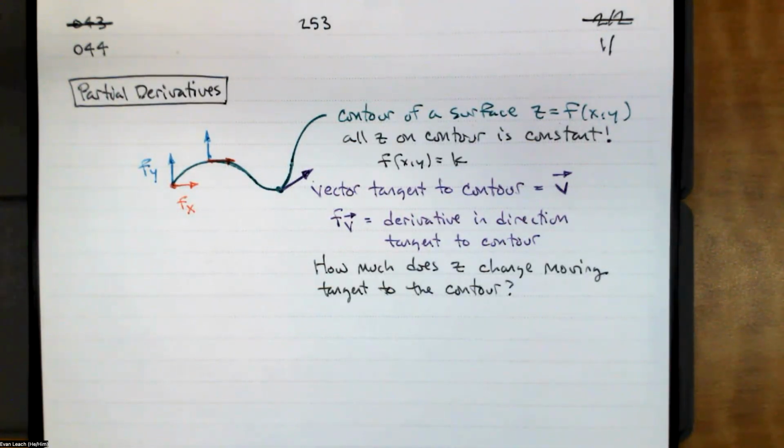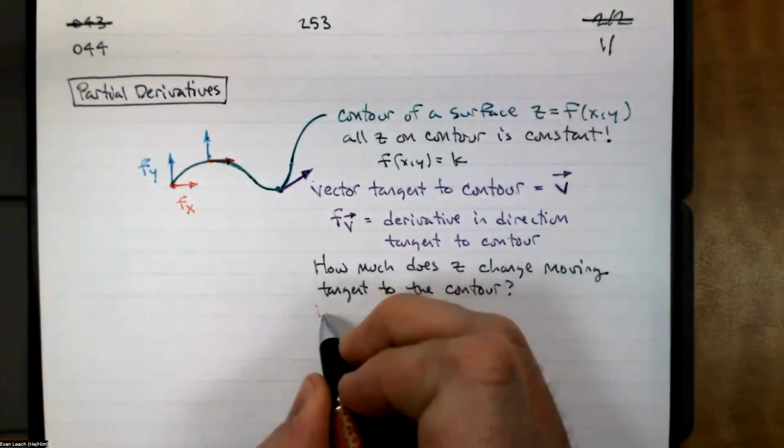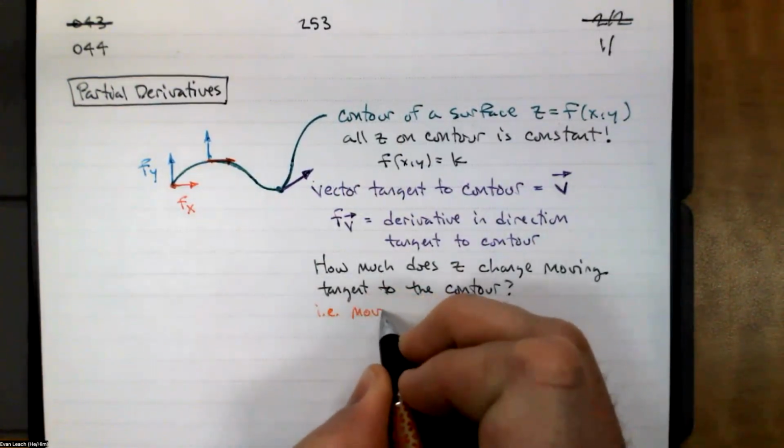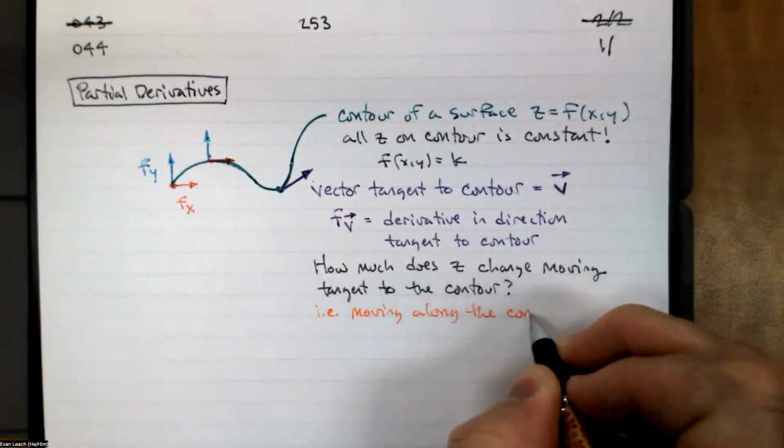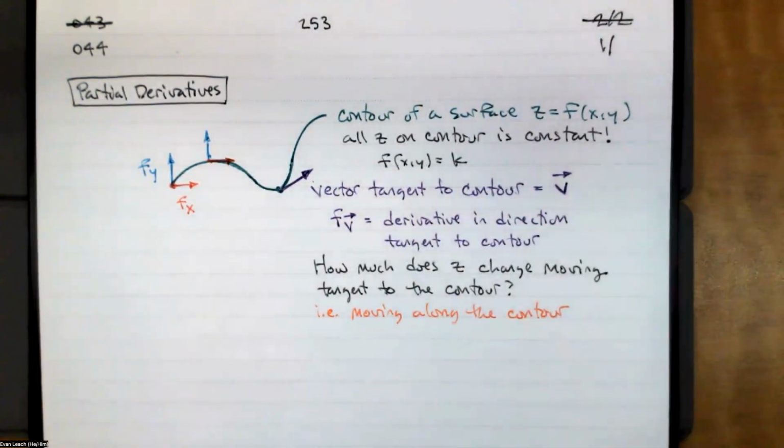Let's think about it this way. If we're moving tangent to the contour, we can think about that as moving along the contour. So if we are moving along the contour, how much is our elevation changing? We're thinking about this contour as, say, the side of a hill. If we're walking along a contour, how much is our elevation changing?